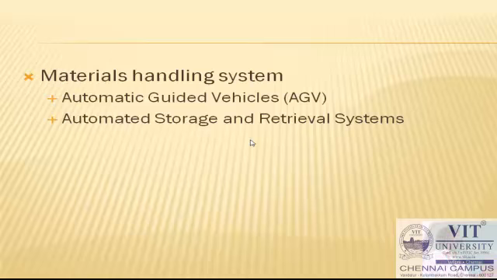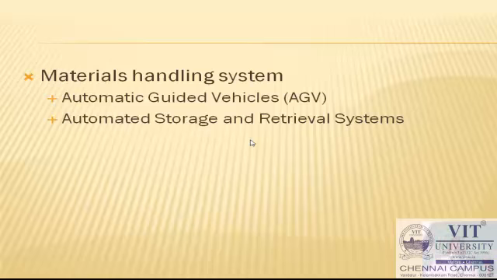Another important thing is the material handling system. This will be used to transfer the workpiece from one machine to another machine, and also throughout the workshop. You can use an automated guided vehicle to transfer from one machine to another, or transfer lines, or a chain conveyor system, and also an automatic storage and retrieval system.